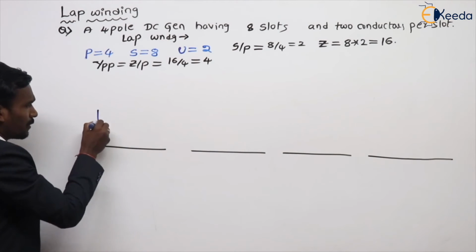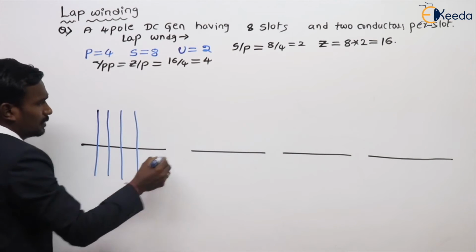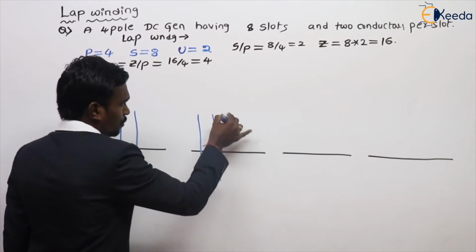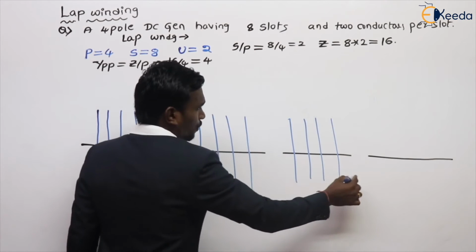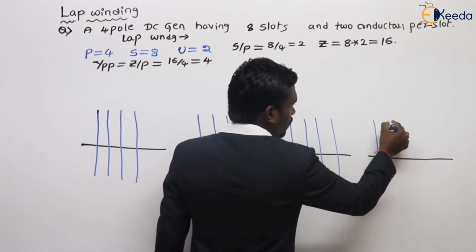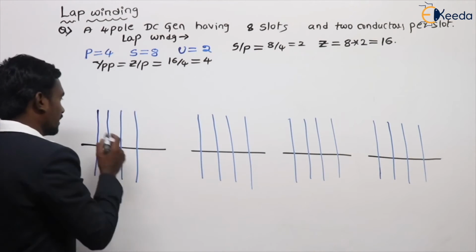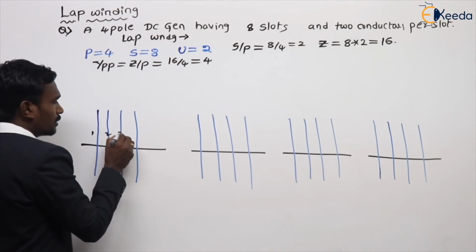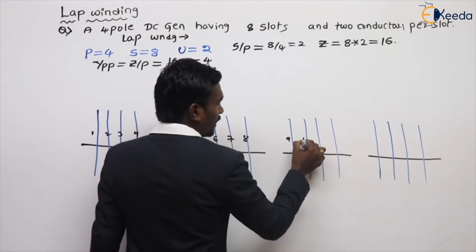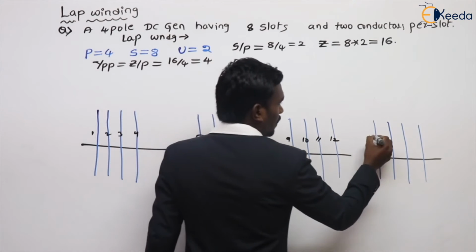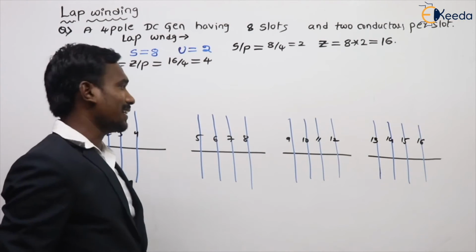Nothing but the number of conductors is 4 for each pole, like this: 1, 2, 3, 4. 1, 2, 3, 4. Like this, I have totally 16 conductors: 1, 2, 3, up to 16. 16 conductors are there. Clear?